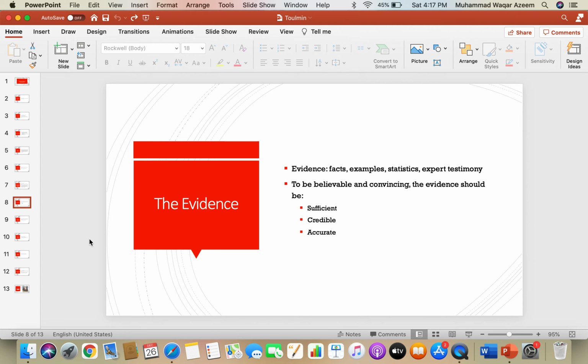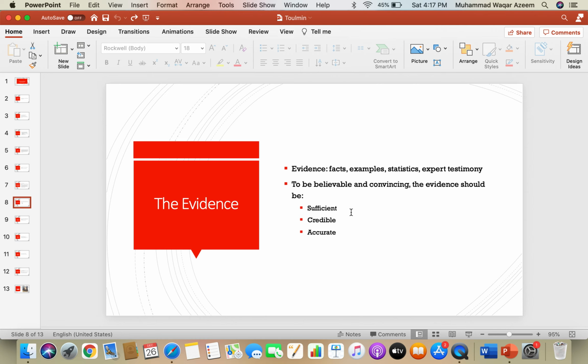Now, the last part of an argument is the evidence. So, when the writer makes a claim in an argumentative piece of writing, the writer gives reasons to support their claim, and finally, the writers give evidence to support their claim.